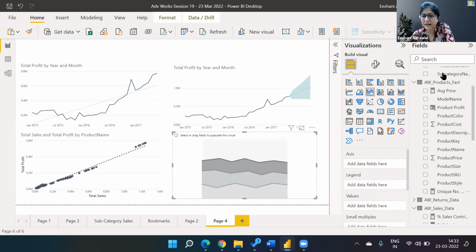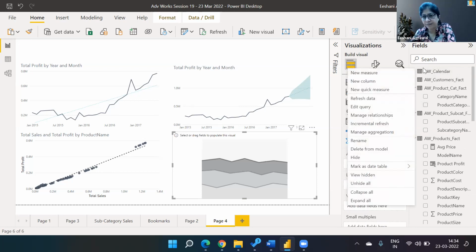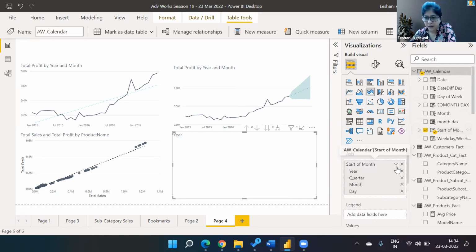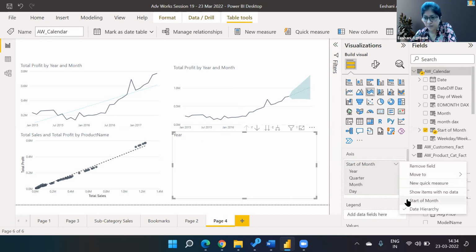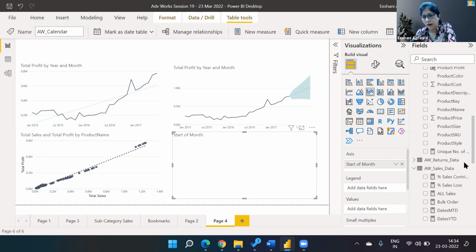Okay. So in a stacked area chart, what you have is axis, legends, values. Let's say in axis, I want to still work with my date. So I can go over here and drop the start of the month this time, and we can take it up as a date. Then we are dropping the value. What are we trying to look at?